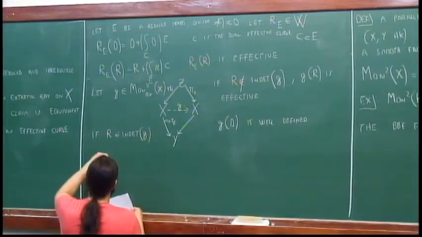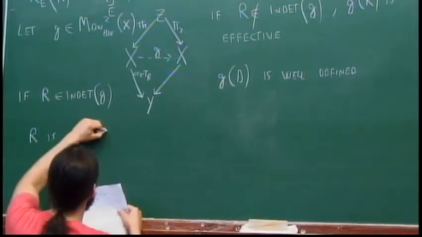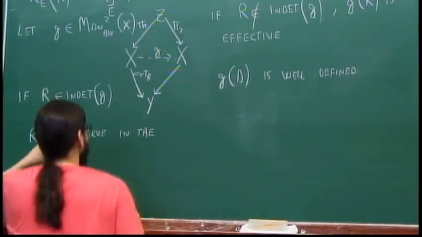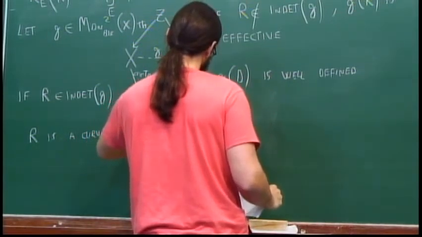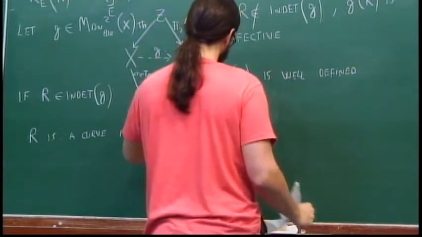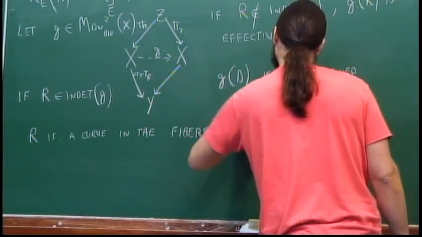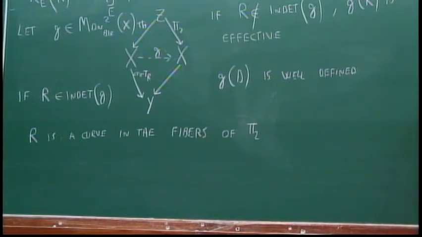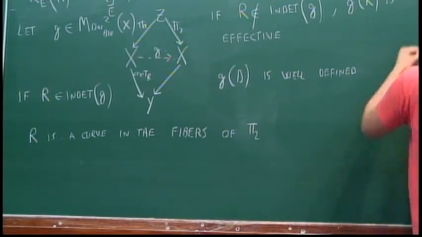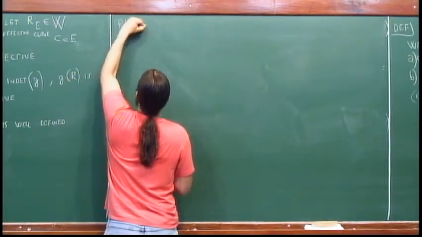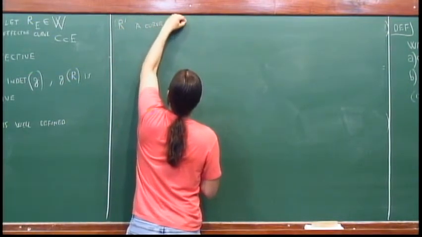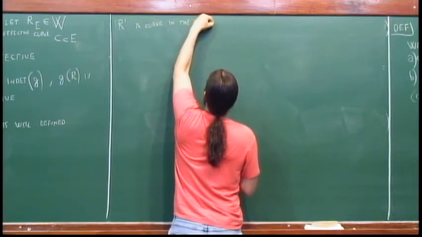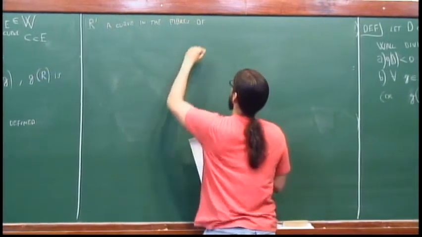R is a curve in the fibers of P2, and also we have R prime, which is a curve in the fibers of P1.